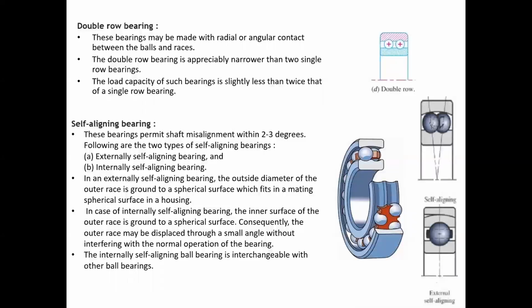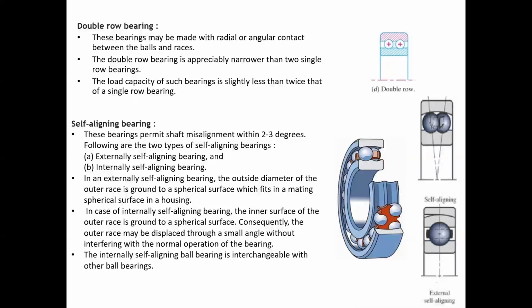With the double row deep groove ball bearing, the load carrying capacity is very minutely lesser than the two single row ball bearings, but the space that will be saved is very much higher in comparison to the reduction in load carrying capacity.